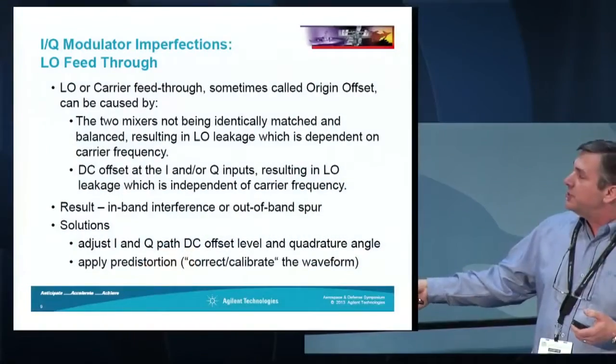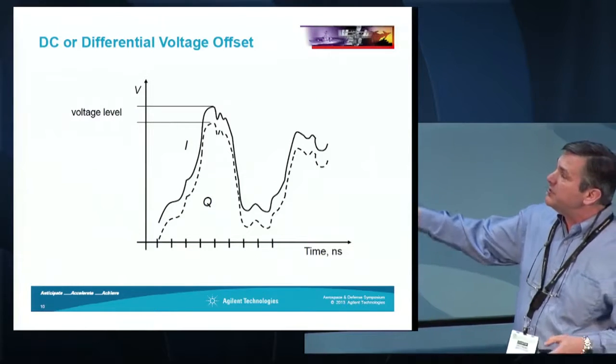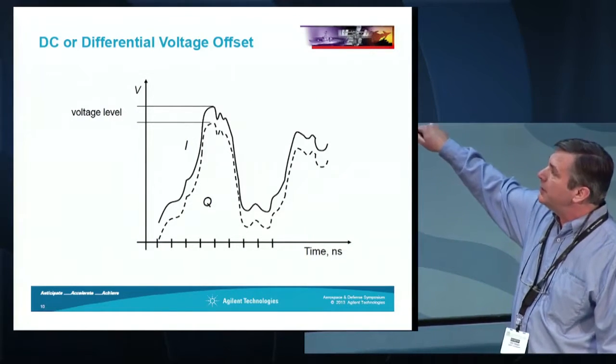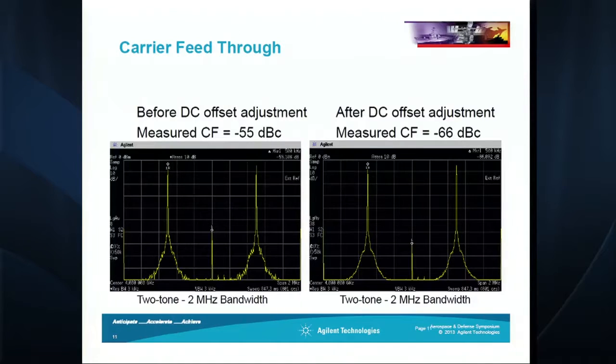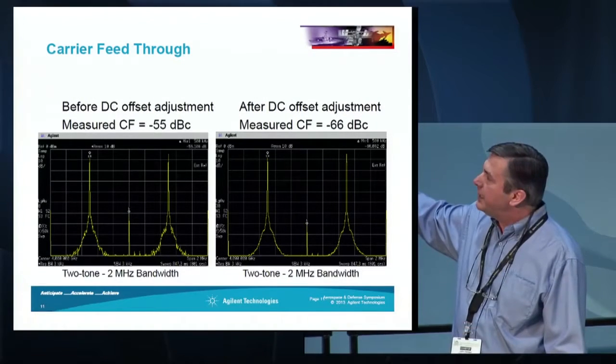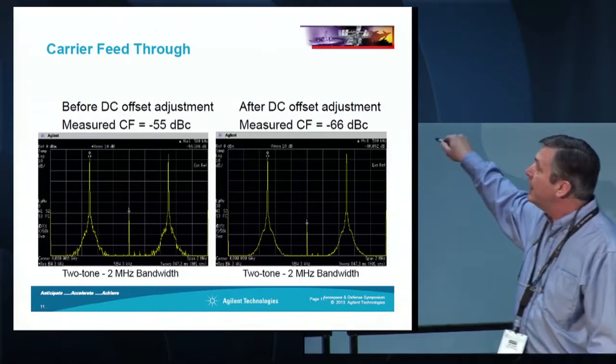We can also adjust the I and Q path DC offset level. And here it is visually, of course, the I signal, a little bit of a voltage difference between the Q at the input. And of course, here you can see the difference. Before DC offset adjustment, we got a minus 55 dBc LO feed through.